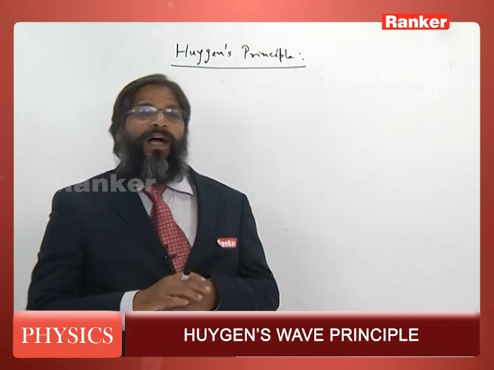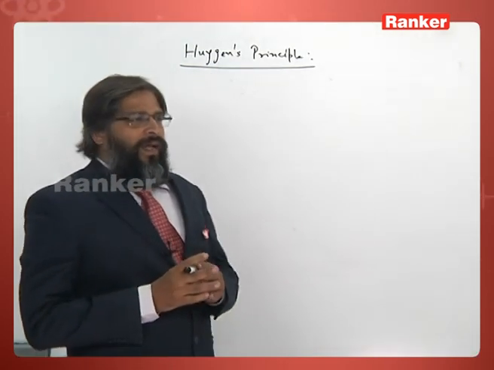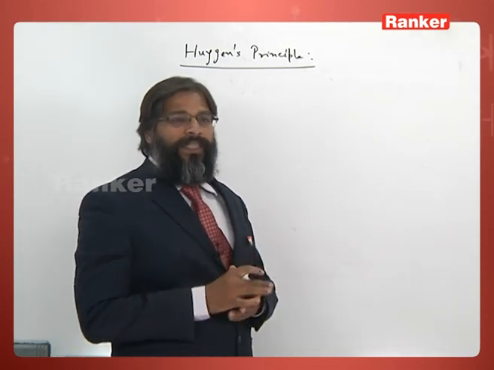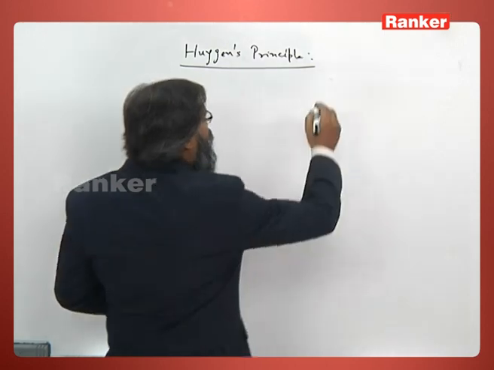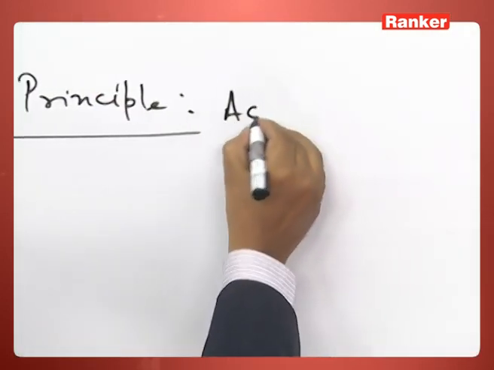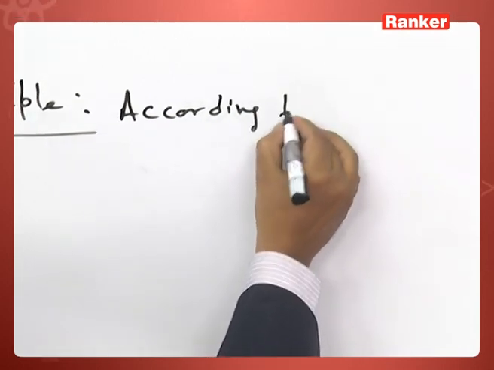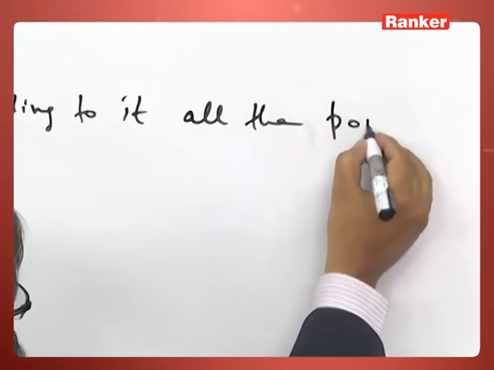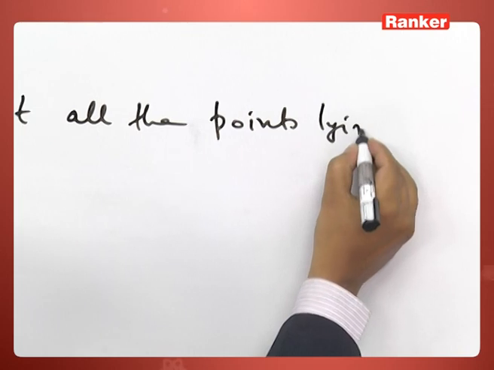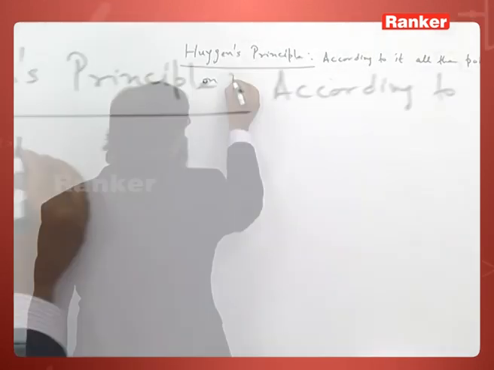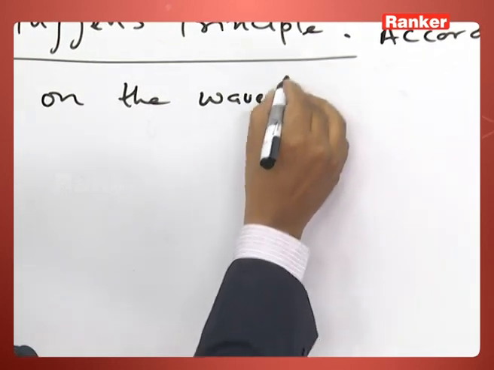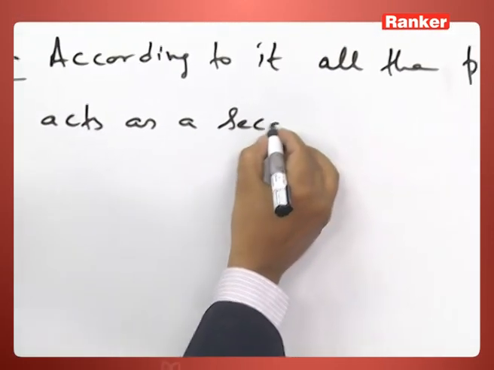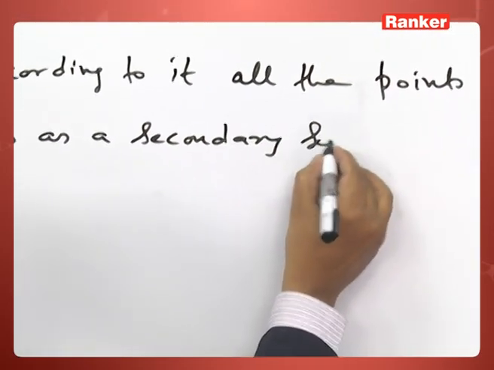Now let us see Huygen's principle. Huygen's method was purely on geometrical basis, and according to Huygen's principle, all the points lying on the wavefront act as a secondary source.